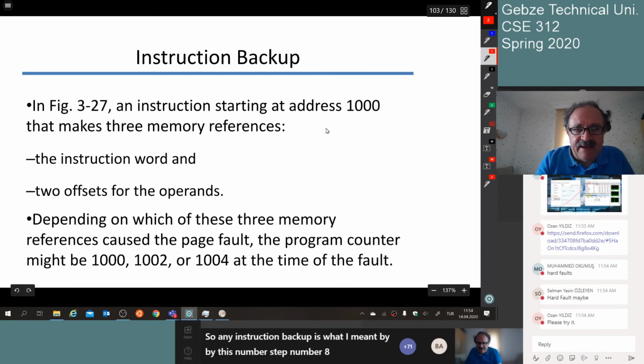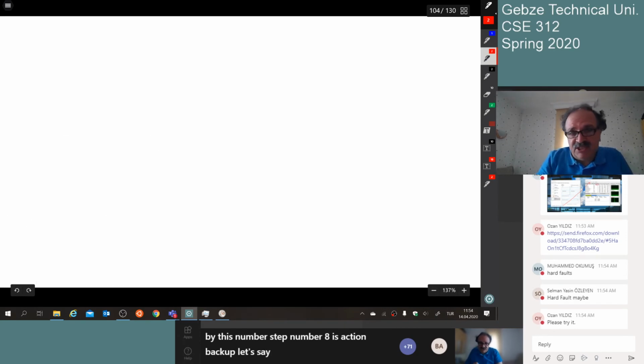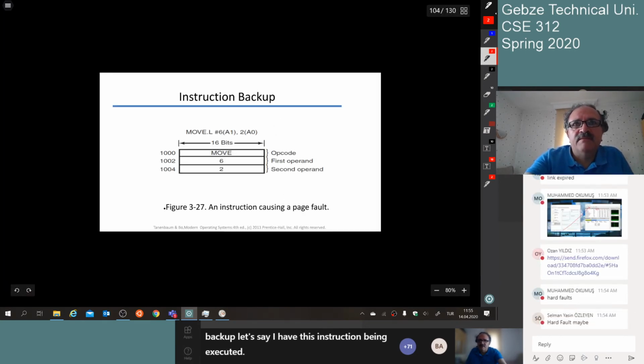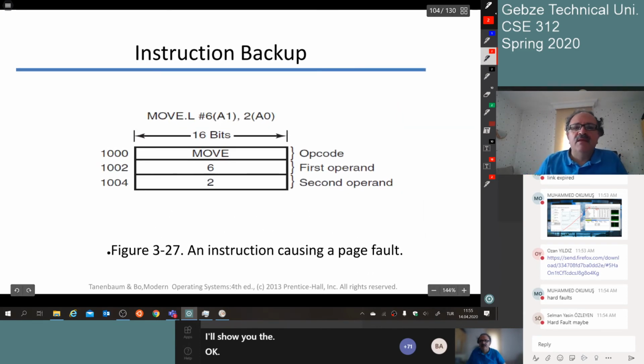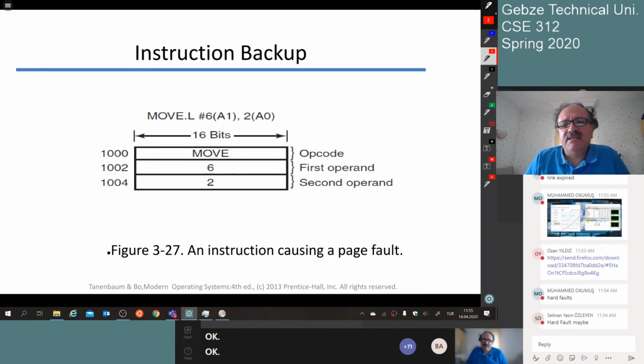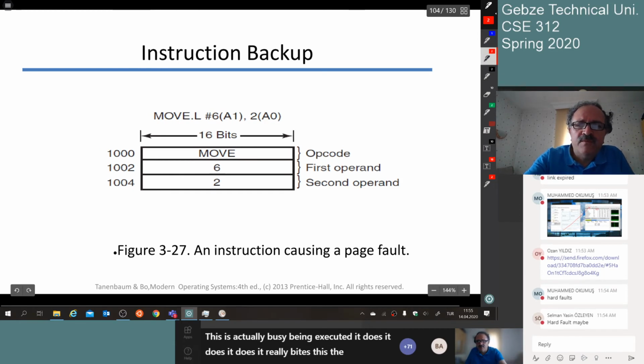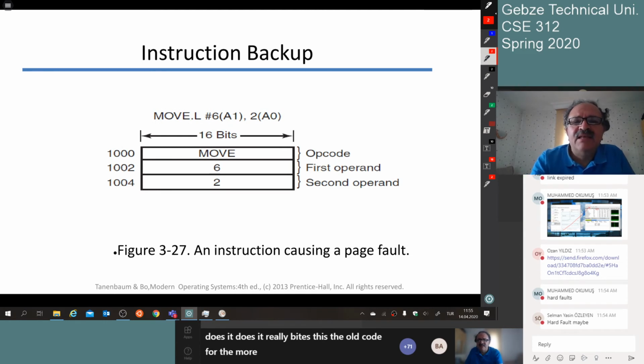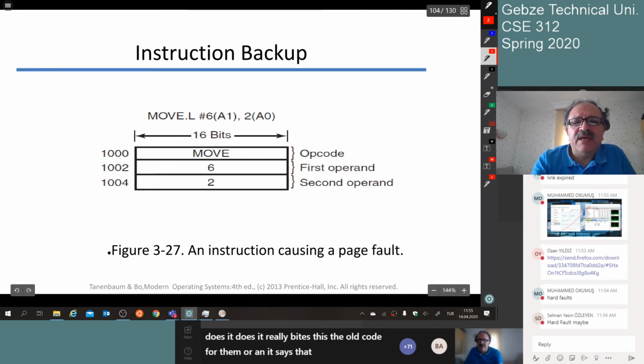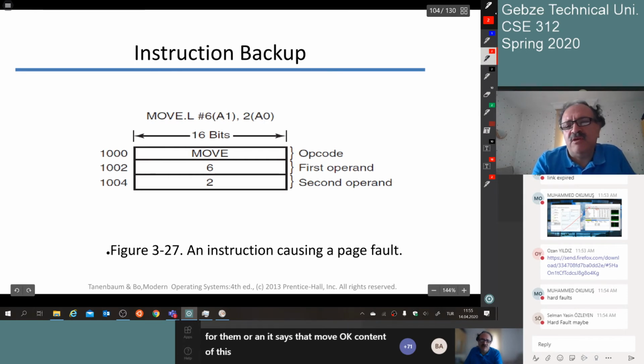Let's say I have this instruction being executed. It has 3 words. This is the opcode for the move, and it says move the contents of this memory location to this memory location.